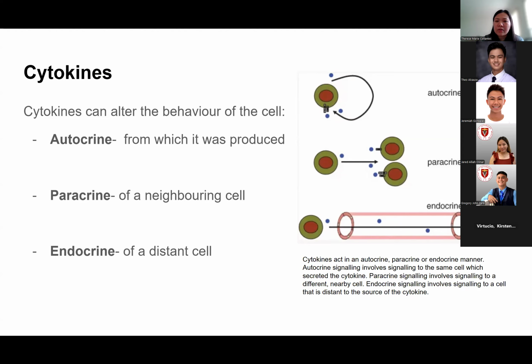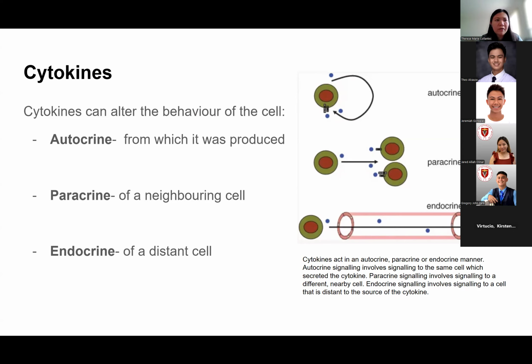Then you have paracrine. Paracrine means that the signal is being sent to a target cell that is neighboring or adjacent, not very far. This molecule will be received by the receptors on the target cell, and then it will produce an effect.